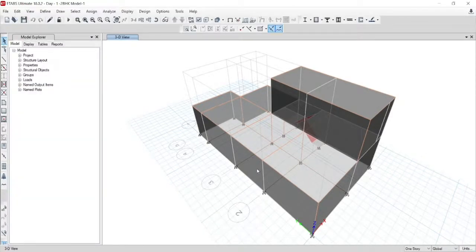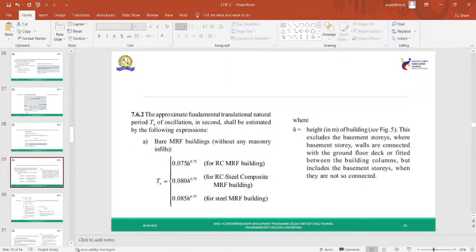So, these are all called claddings. We have just added the claddings, and we have not included the masonry wall. What we have done is we have just given the dead load for the masonry wall and taken only the load for that. This kind of structure you can use for the response spectrum method, equivalent static load method.